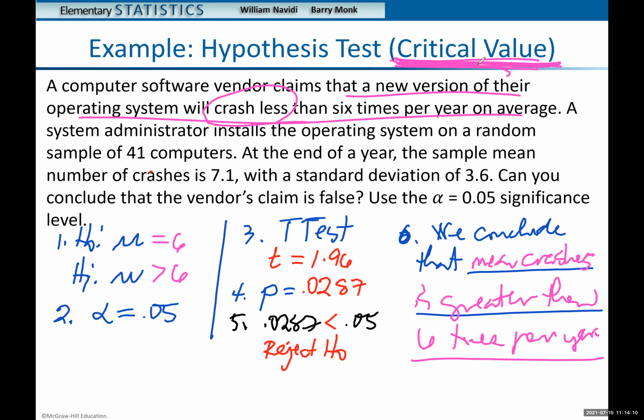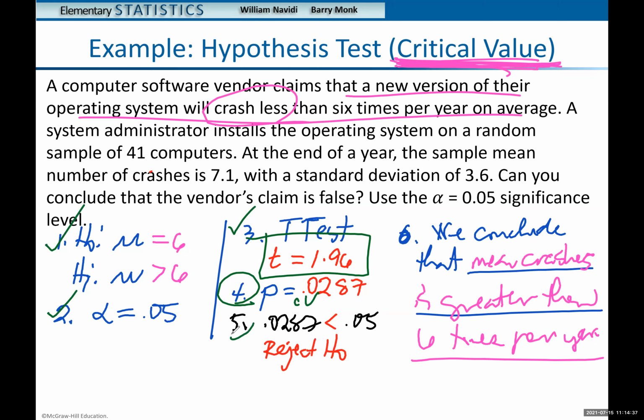For the critical value method, it's still the same. You still have the 6 steps. The difference is you still have the same step 1, same step 2, same step 3, but you have to solve it using a formula for T. And step 4 is not P, it's going to be the critical value, CV.